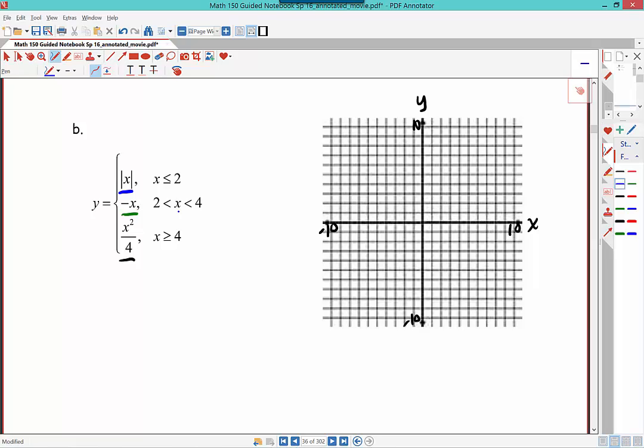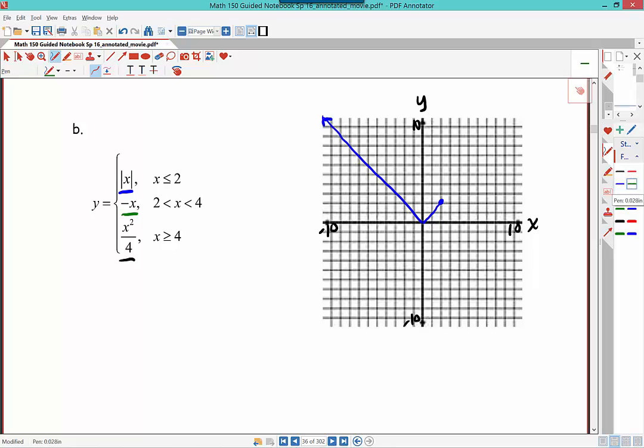So for the first one, we have an ordered pair at 2, 2. And then the graph will go like a V. And that's how our graph behaves for x less than or equal to 2.